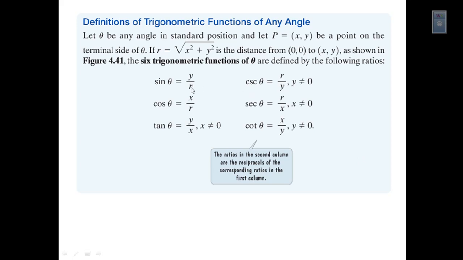Because once we throw in the r, we've thrown out the idea that it has to be a unit circle. The radius can be anything as long as we divide by it, we're going to get the correct sign. Now, you're going to need to know these ratios. But once again, it goes right back to SOHCAHTOA, so you should be able to figure it out.